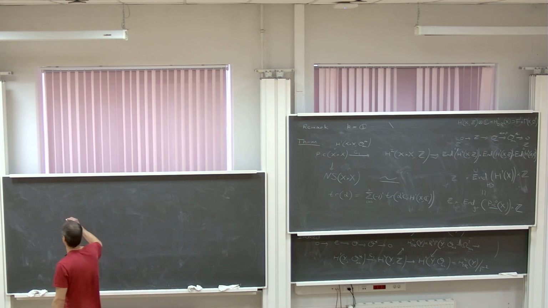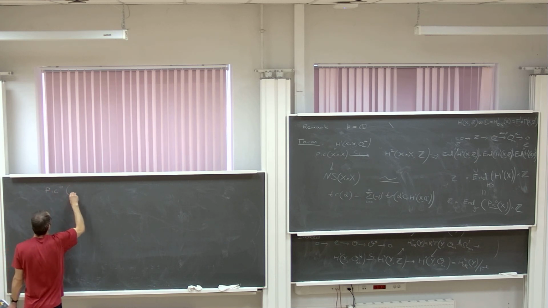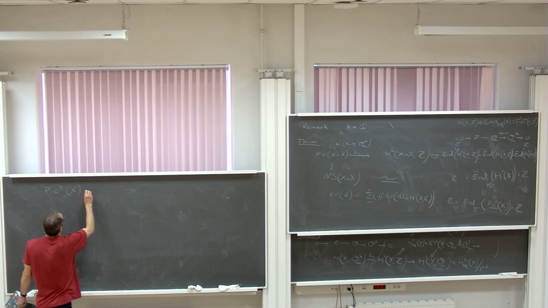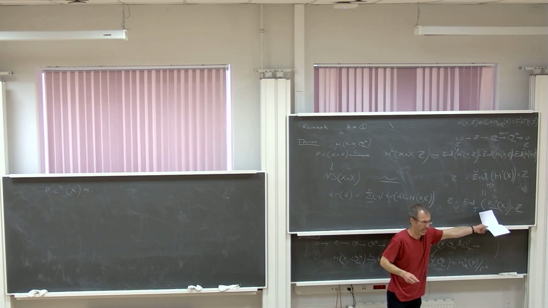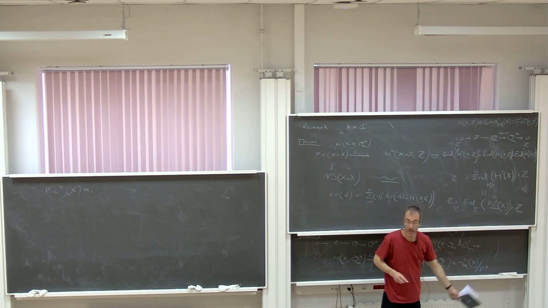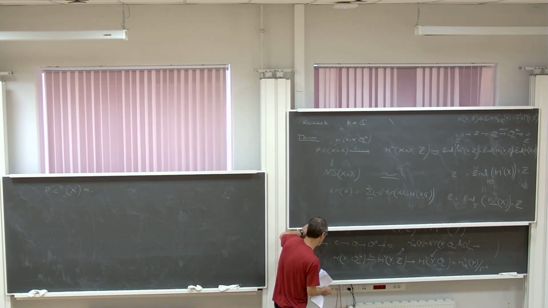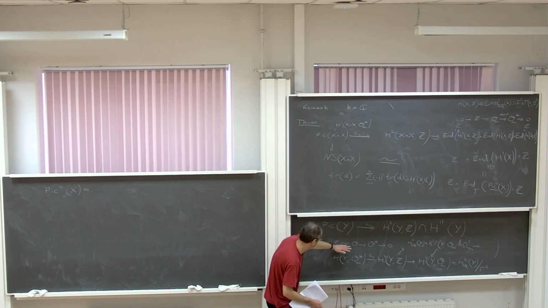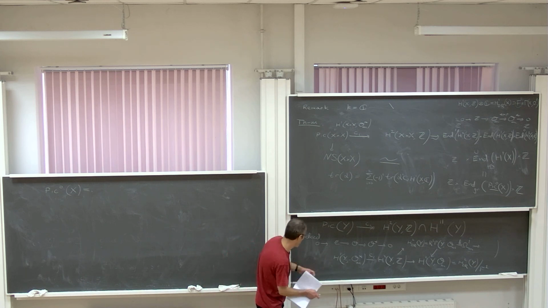Okay, so first of all let's compute the Picard group of X, right? So what is the Picard group of X? I'm interested in the Picard scheme here, but let's first consider this as a set. So again, if you look at this exponential sequence, what are the terms here?